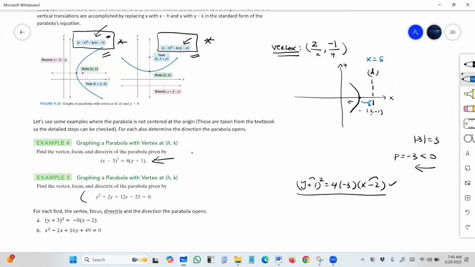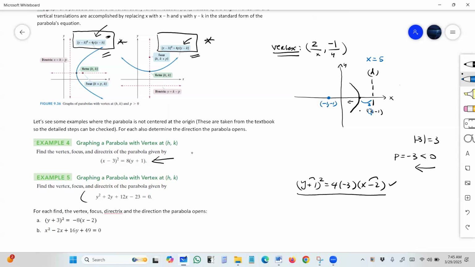All right. And 3 units to the left from 2, my focus would be here. And 2 minus 3, it would be x equals -1. So this will be -1, -1.